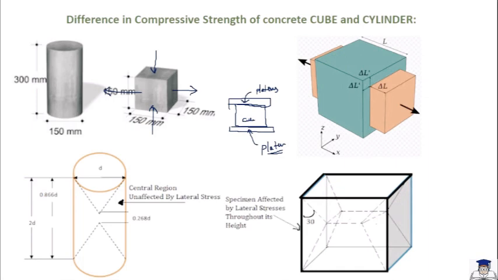So because of this, a shear stress is induced on the top layer and the bottom layer also. And you notice that since this platen is not allowing the lateral expansion of the specimen, it is actually confining the specimen.